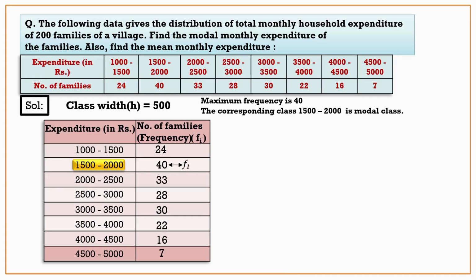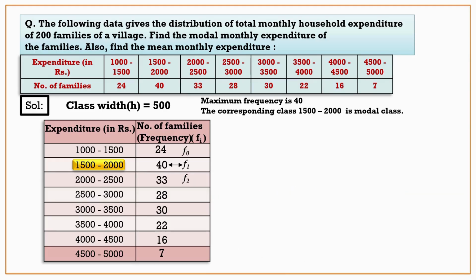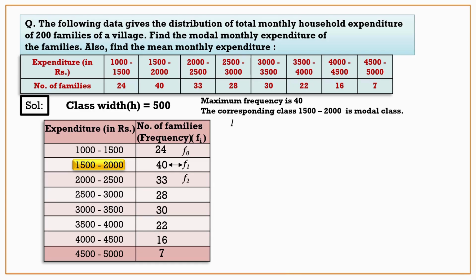Now this is the maximum frequency, we know that is f1, and f0 is the frequency of the class preceding the modal class, and f2 is the frequency of the class succeeding the modal class. Now we got f0, f1, f2. Now we need to find the value of l. L, we know, is the lower limit of the modal class, that is 1500 over here. Already we know h.